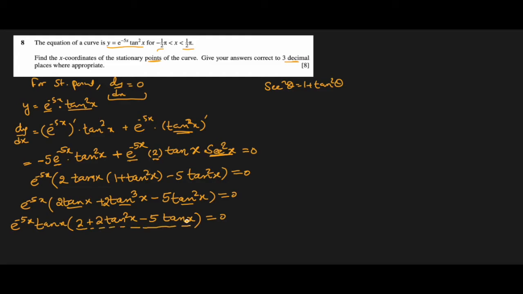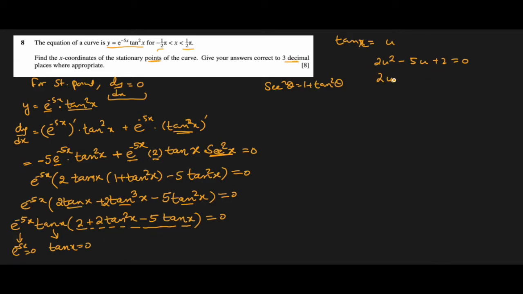Isn't this a quadratic expression now? Let me assume that tan x is, let's take the letter u. Okay, so let's see what happens, and I will factor it to get to the next step here. So this equation becomes 2u square minus 5u plus 2 equal to 0. So either e to the power minus 5x equal to 0, tan x equal to 0, or we'll get something from here.